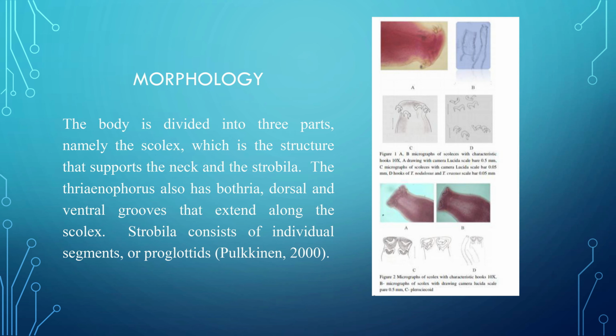Morphology. The genus Triaenophorus contains three species commonly found in fish in Canada, namely Triaenophorus crassus, Triaenophorus nodulosus, and Triaenophorus stizostedionis.